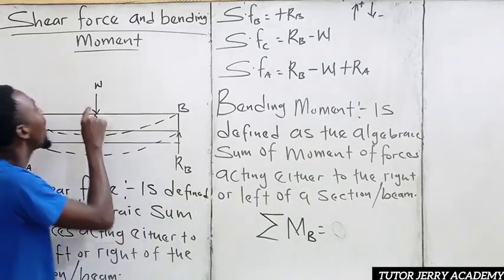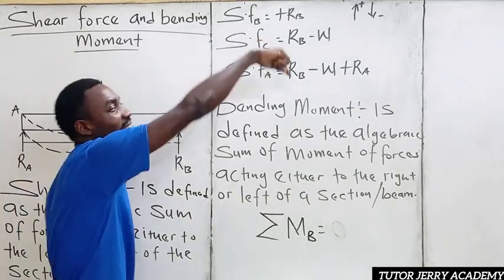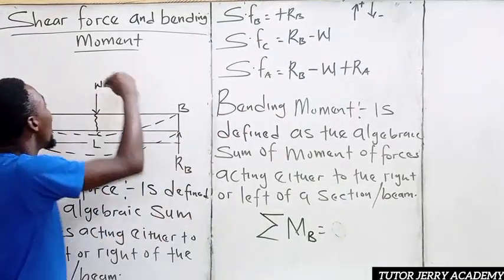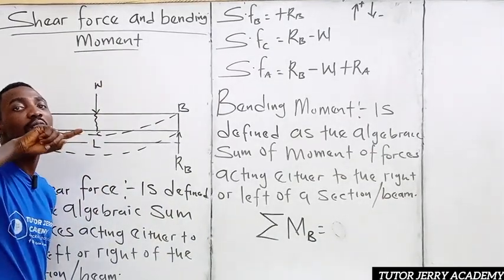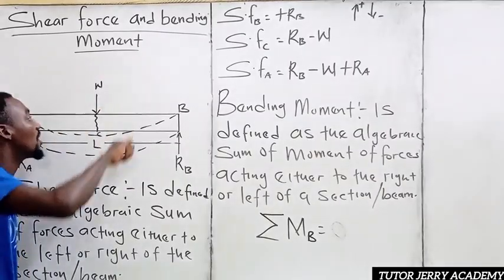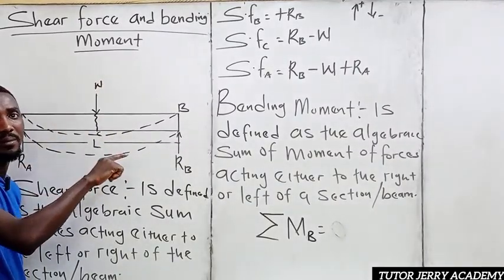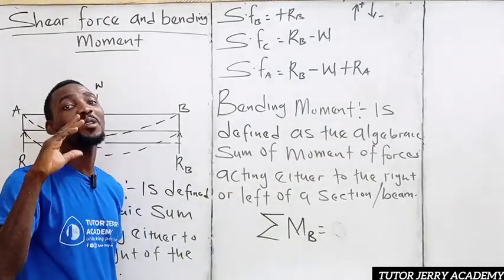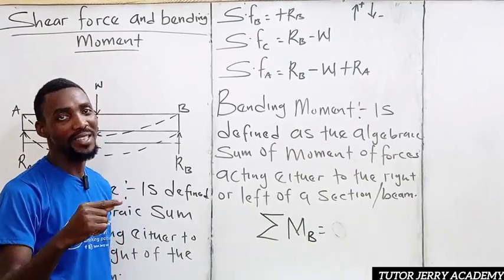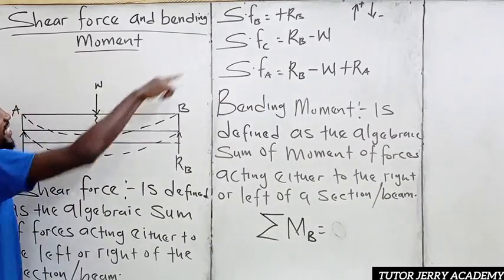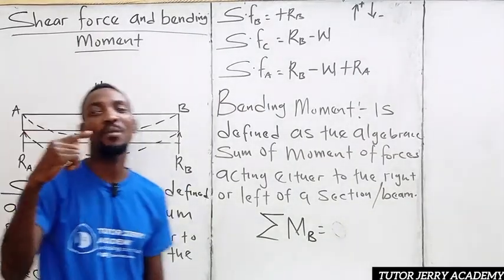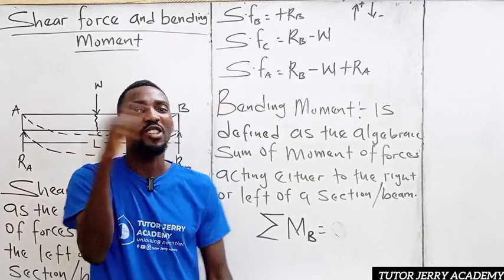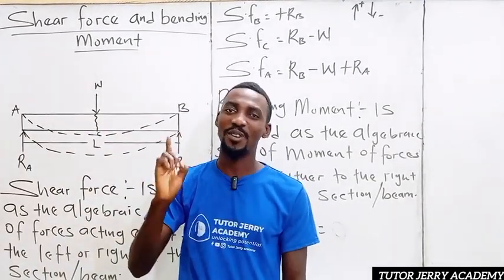We are taking our downward force to be negative. So if our downward force is negative, it means our clockwise moment with this condition is going to be negative. Take note of that, please.